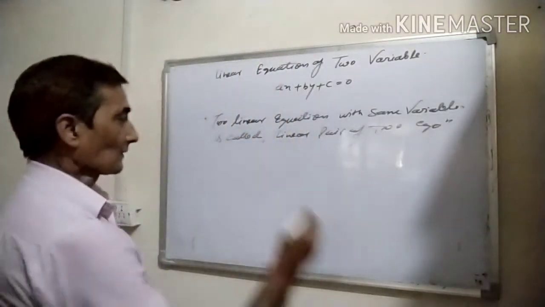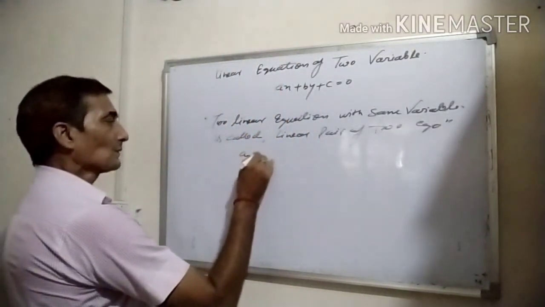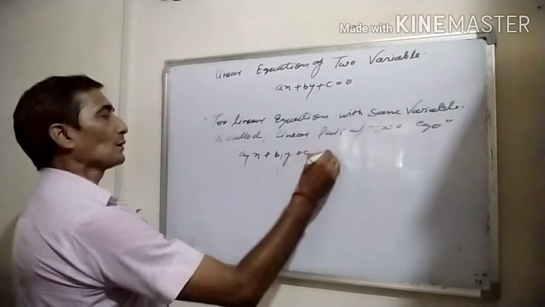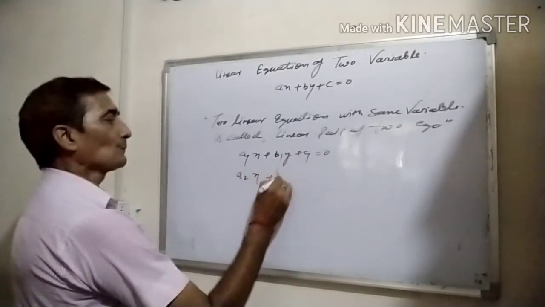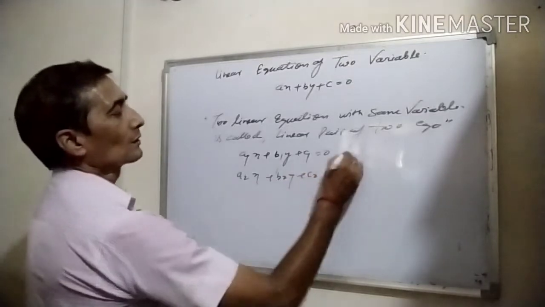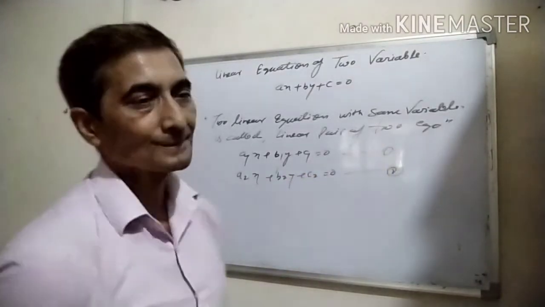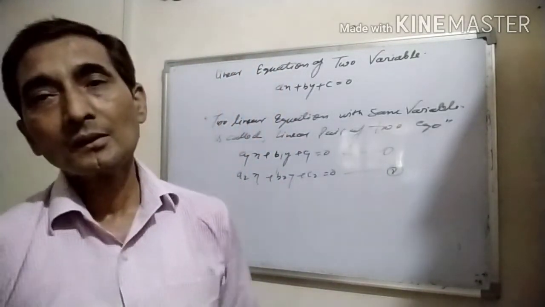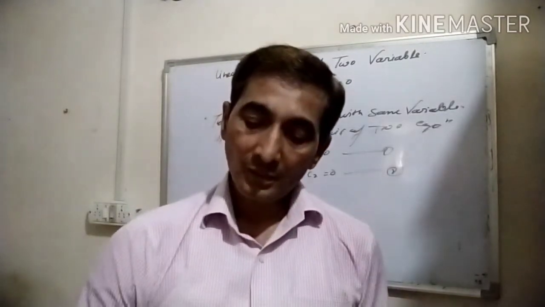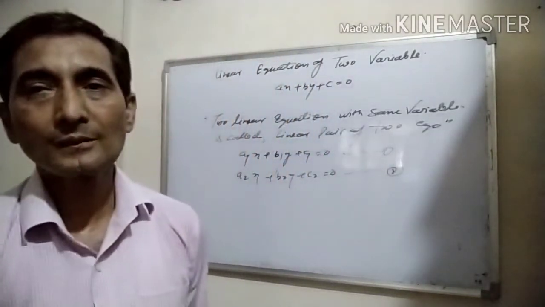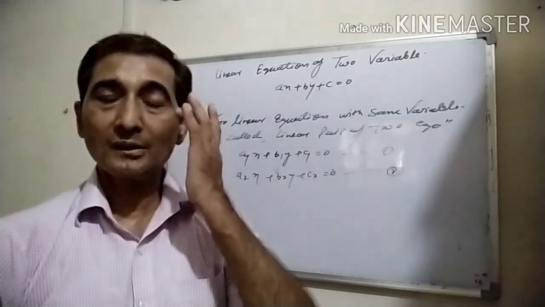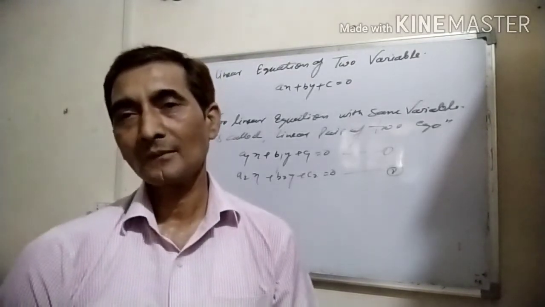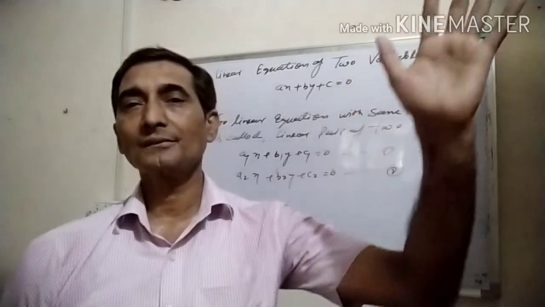Now let a1x plus b1y plus c1 equal to 0, a2x plus b2y plus c2 equal to 0 be two linear pair equations. Students, when we draw the graph of any linear equation, one variable or two variable, we get a straight line.